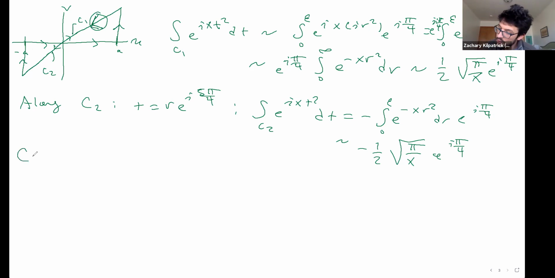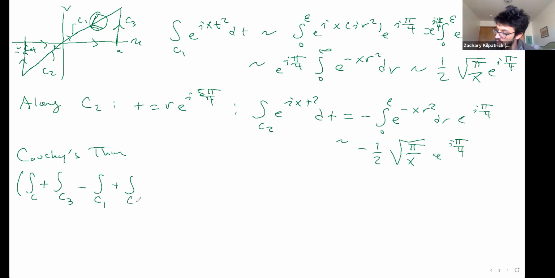So now Cauchy's theorem tells us the following: that the integral along C plus the integral along C3, call this one C4 over here, plus the integral along C3 minus the integral along C1 plus the integral along C2 plus the integral along C4 of e to the I x t squared dt should equal 0 because we have no singularities of our function there.